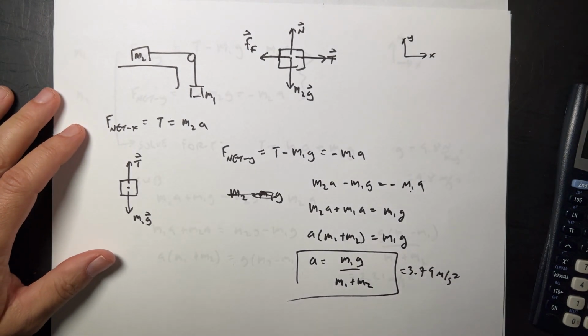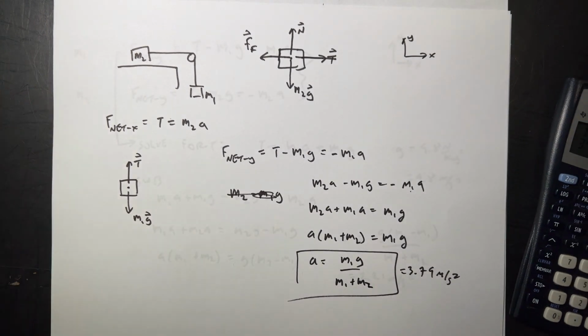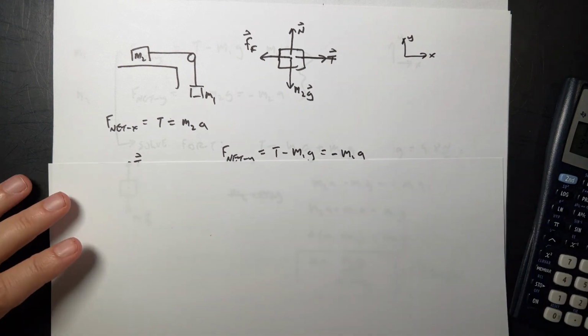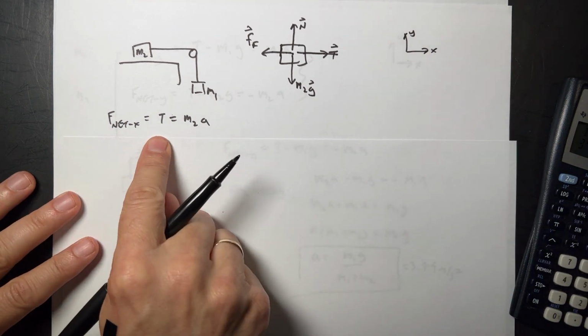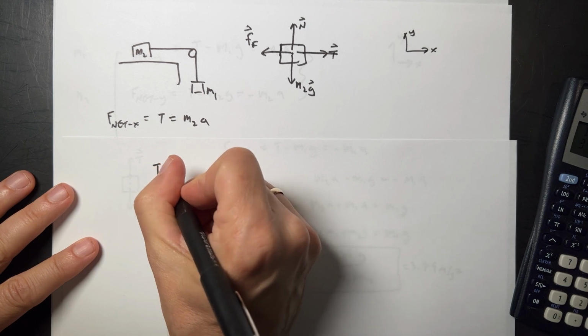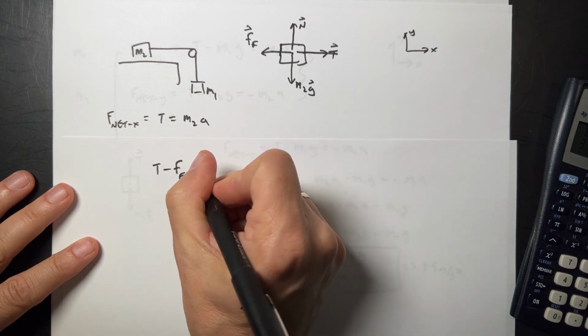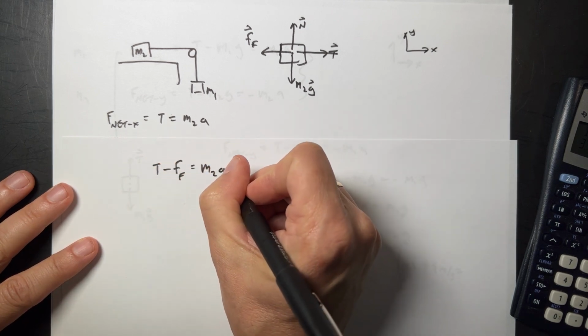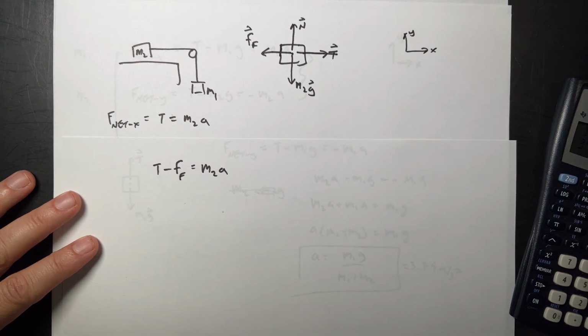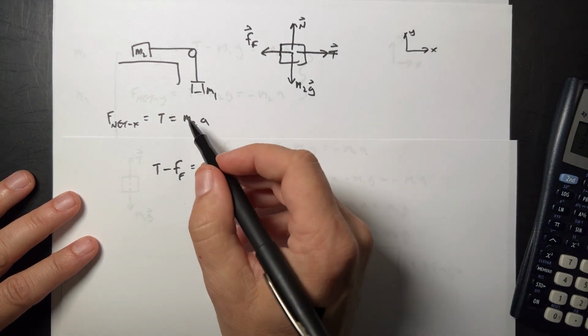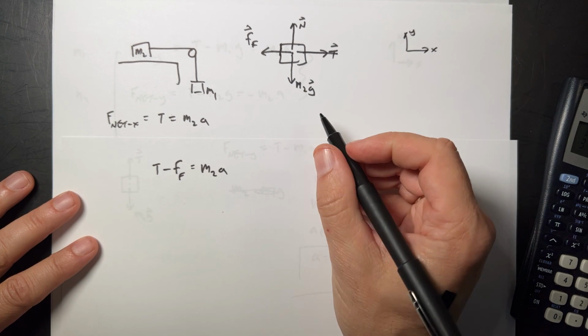Let's just rewrite these because I don't want to contaminate that. So this equation in the x direction now is going to be T minus the friction force equals m2a. But I don't know the friction force, right? So now I actually need to look at the y direction here.